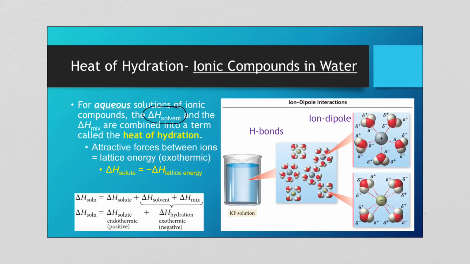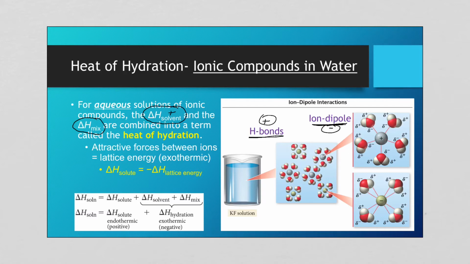And we combine that with the delta H of mixing, how much energy is given off when you form these new ion-dipole interactions. Now remember, the solvent in this case has very strong intermolecular forces, and we have hydrogen bonds. So to break these is some positive number. You're going to form these, it's some negative number. And you add those two terms together, this is where we get the heat of hydration.